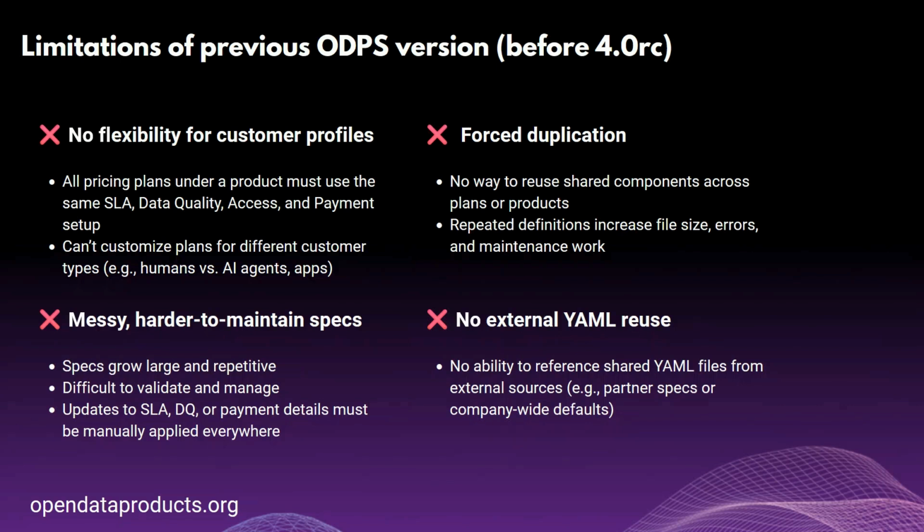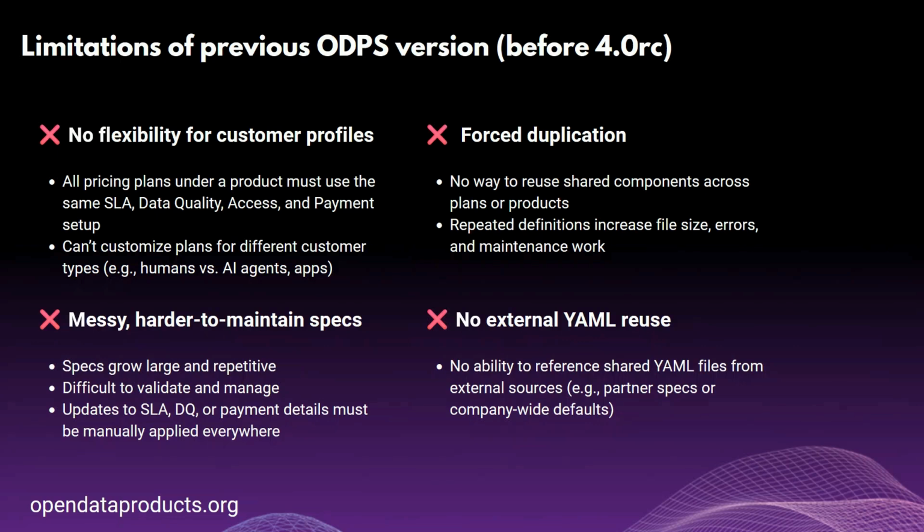Now the solution is that you have a different ODPS spec for different customer profiles. Not very good. We want to take away this limitation, and one way to do it is using these components. This limitation also has the consequence that it results in duplication.